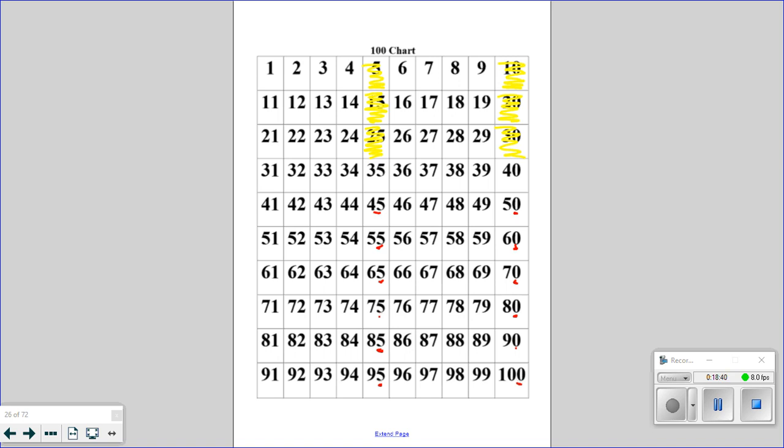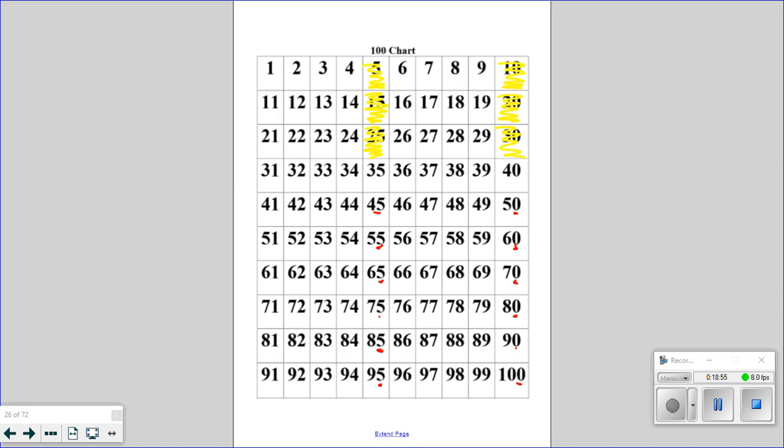How many numbers on my hundreds chart are in each row? 10. Huh.